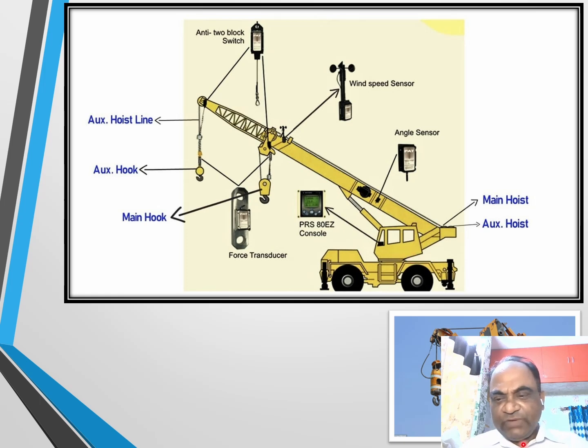So that is very important from the point of view of the balance of the system and the center of gravity of the entire crane with load. So here a few things have been shown, like auxiliary hoist and the boom of the crane.